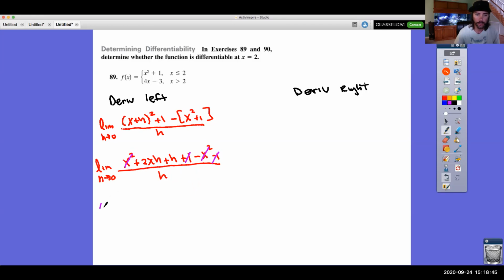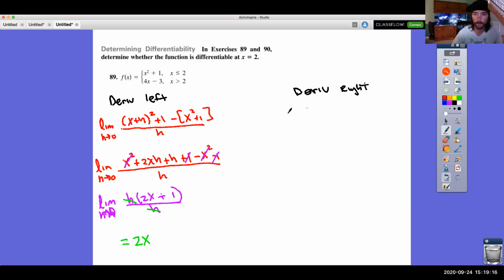Factor out an h. The h's cancel out. There's no h's left to plug in. You're left with a 2x. So the derivative from the left of that parabola is 2x.